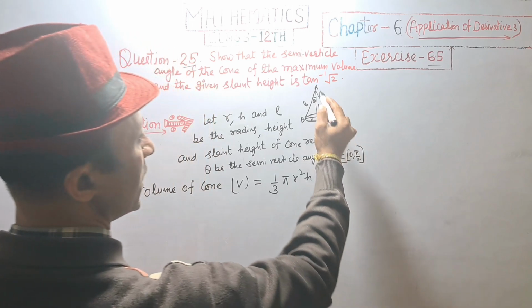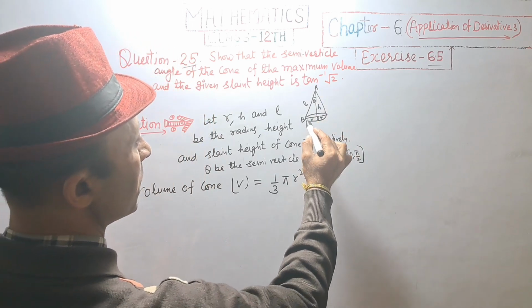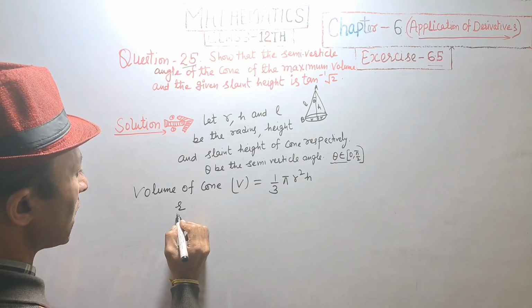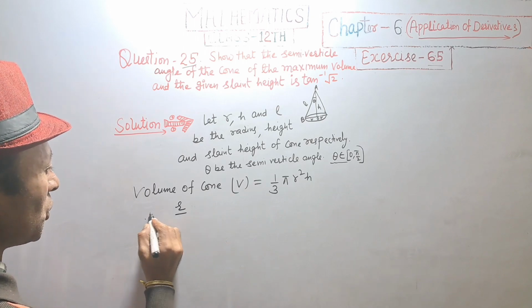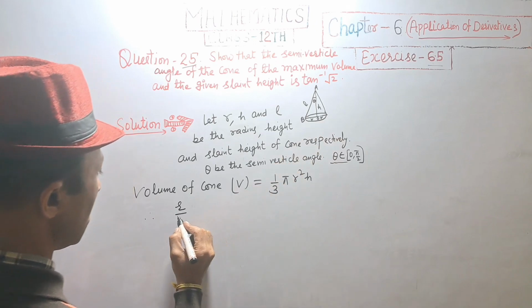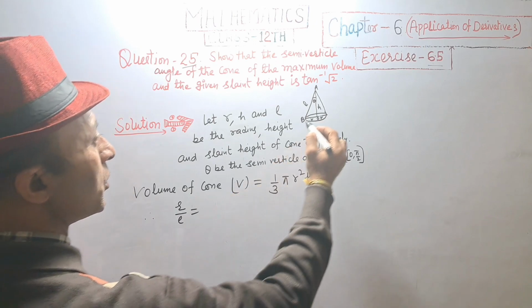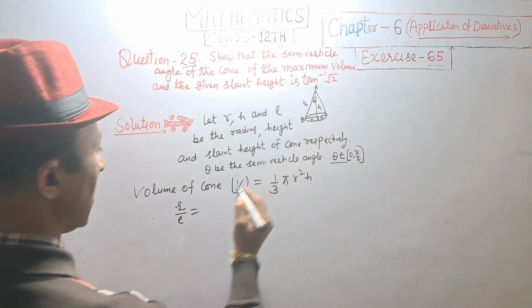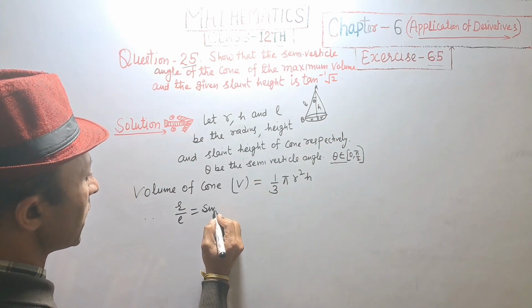In triangle OAB, R upon L is equal to perpendicular upon hypotenuse, which is sin theta.